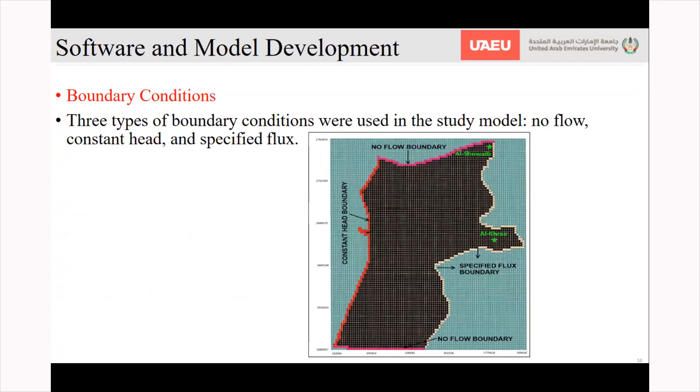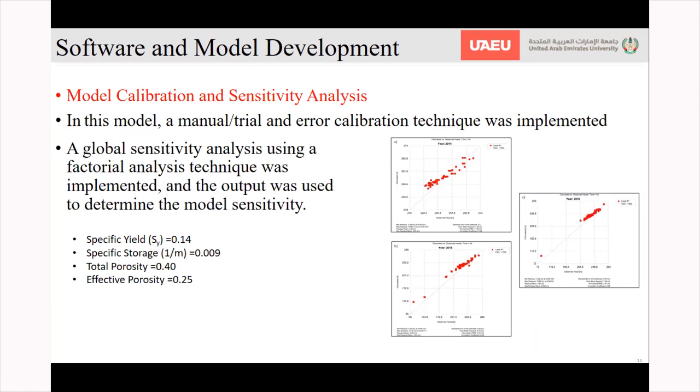And this is the model developed with the boundary conditions for the model study area. As you can see here, this is a screenshot from the software after we developed the model. We did the model calibration using some existing data from several wells throughout the emirate.